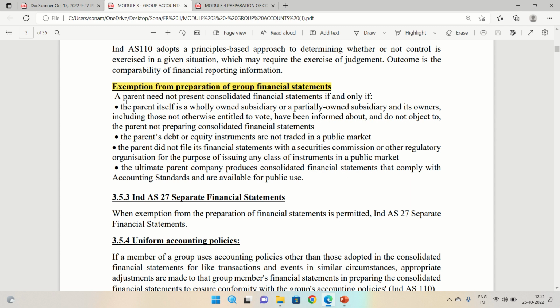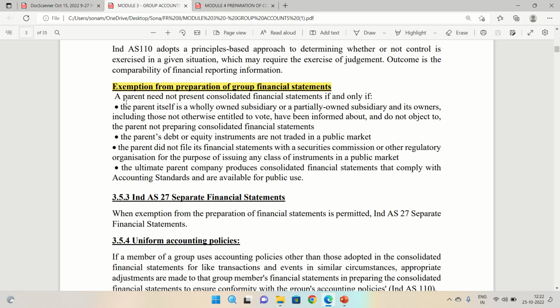And the last exemption is the ultimate parent company produces consolidated financial statements that comply with accounting standards and are available for public use. For example, with Q, P and S, the same example, Q is the ultimate parent company.